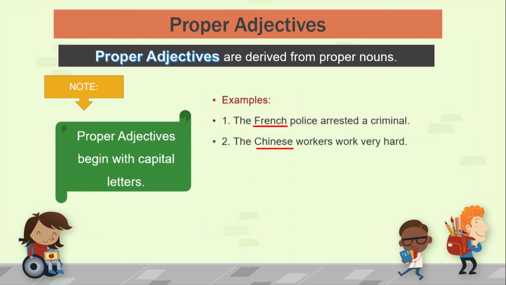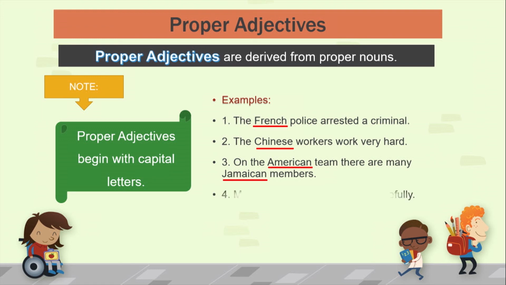The Chinese workers work very hard. Chinese is the adjective. On the American team, there are many Jamaican members. Can you tell the proper adjective there? You're right, there's more than one. We have American that describes the team, and we have Jamaican that describes some of the members.